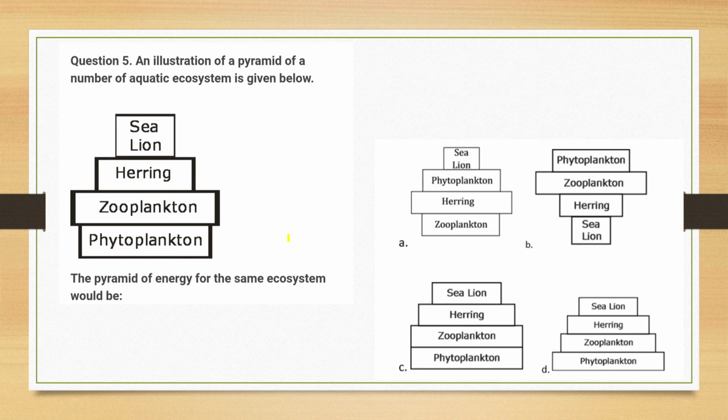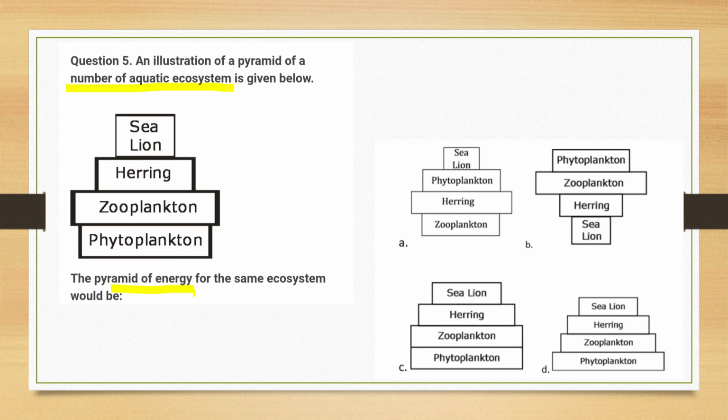Here an illustration of a pyramid of number of an aquatic ecosystem is given, and you have to find out the pyramid of energy for the same. See, in the pyramid of energy, always remember it follows the 10% rule of Lindemann.